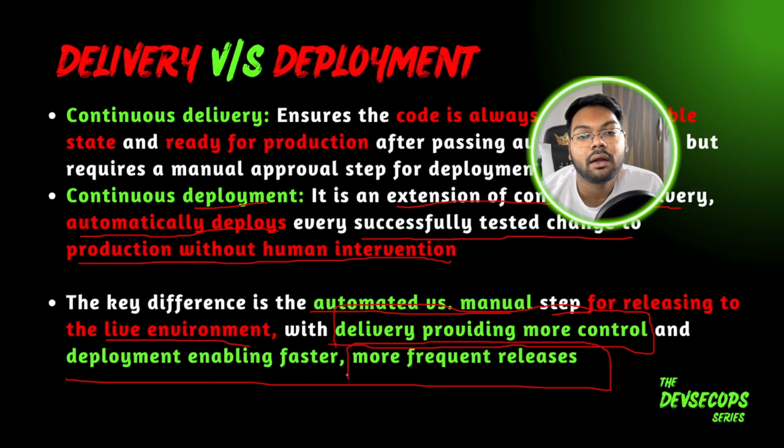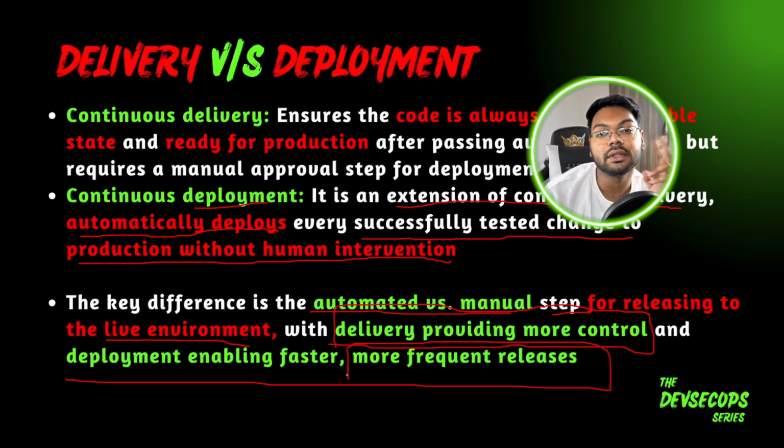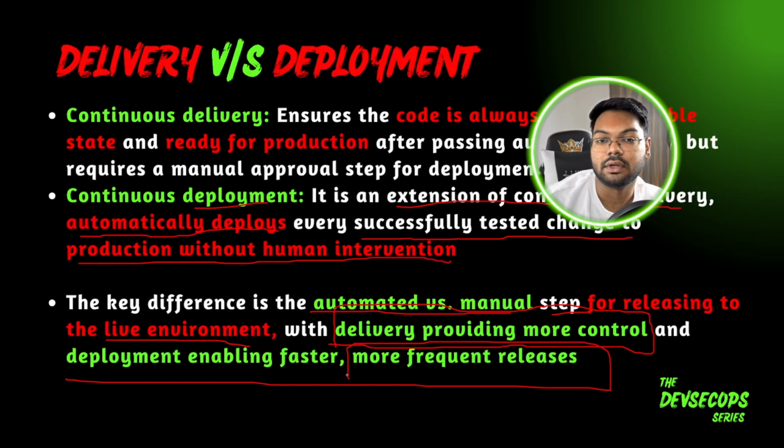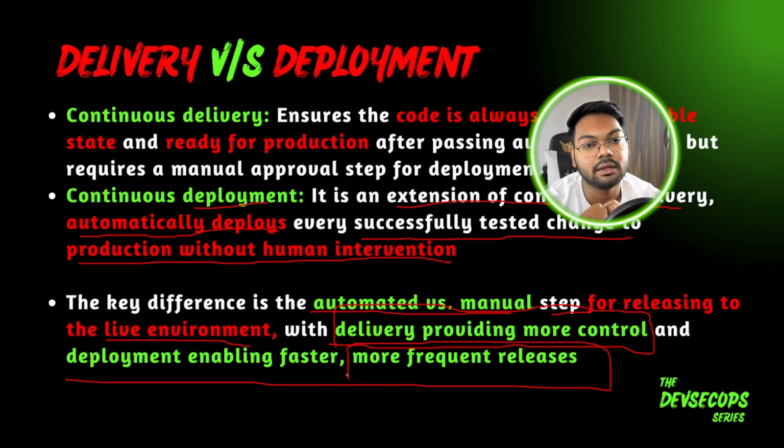Now, when to use what? Whenever you are going to deploy a major release of your application, then you would go for continuous delivery. For deployment, you can consider it as a faster way to check your changes in the live environment. If a developer made changes and wants to check how they work on the live environment, he would directly go for continuous deployment and check instantly on the live environment.